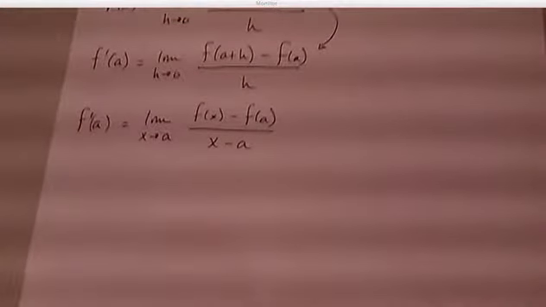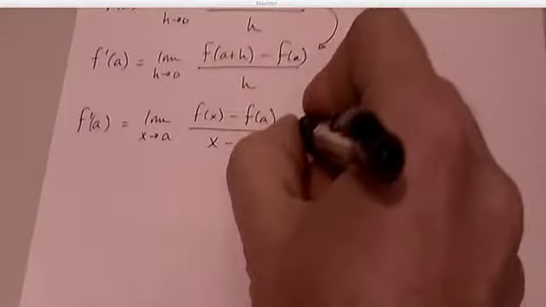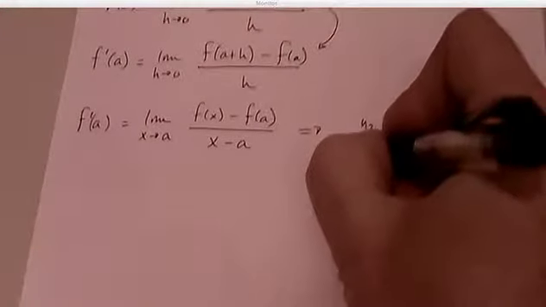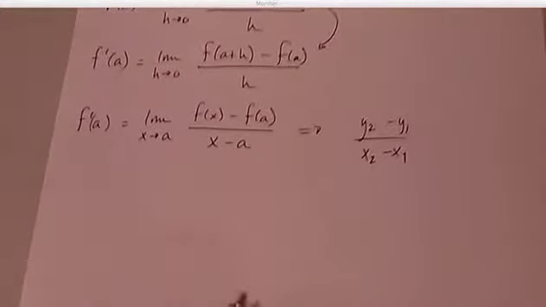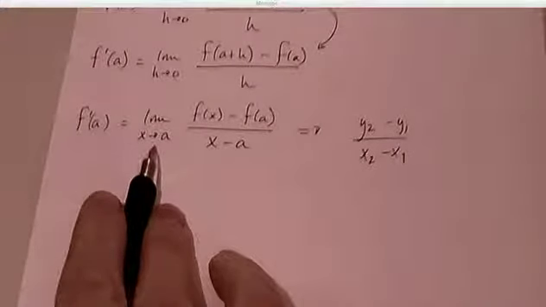And that should make sense, okay? Because you're still dealing with y2 minus y1 over x2 minus x1, where the difference is evaporating and going towards 0.